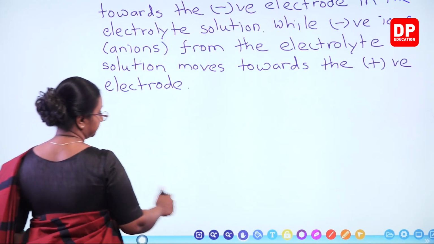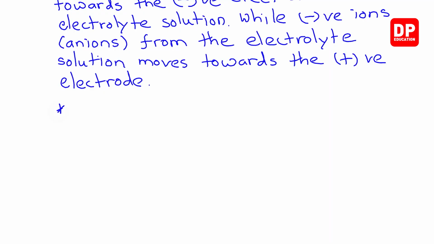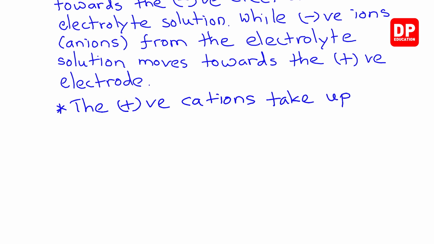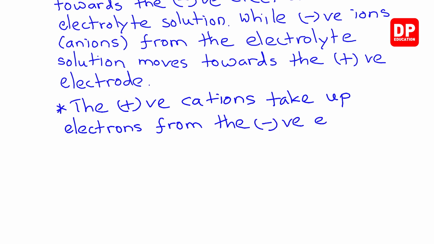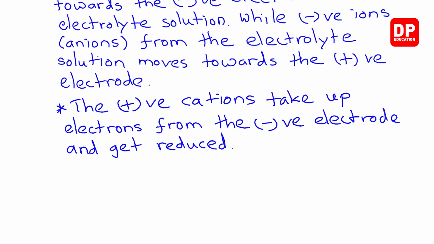Then what happens? The positive cations take up electrons from the negative electrode and get reduced, or we can say undergo reduction.